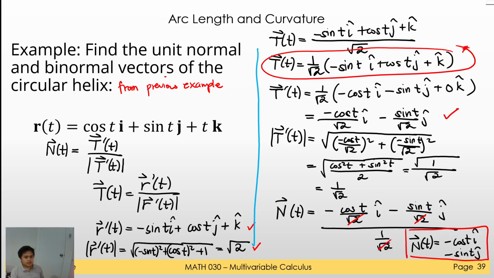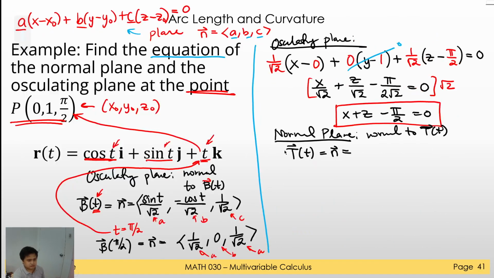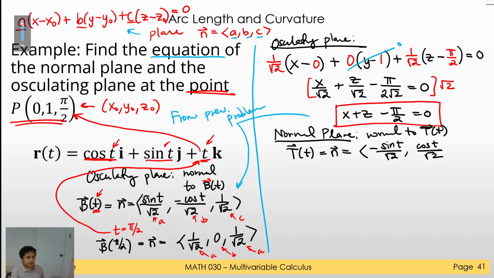So negative sine t over square root of 2, and then cos t over square root of 2. So I'll just take a note here now from the previous problem. I forgot to take note of this one and this one. And then we have 1 over square root of 2 for this one.